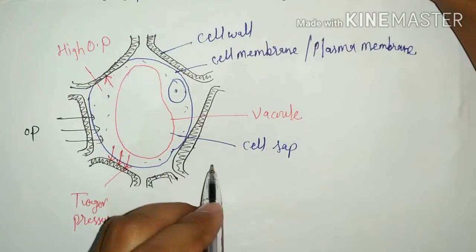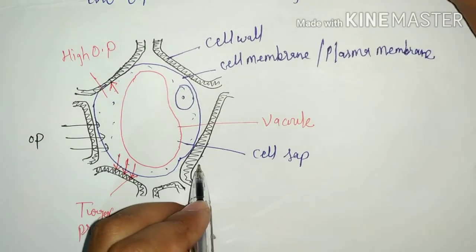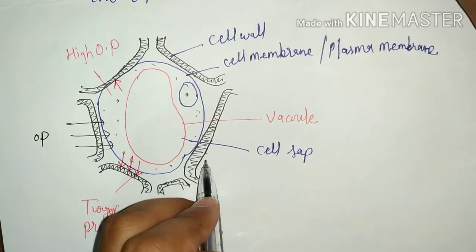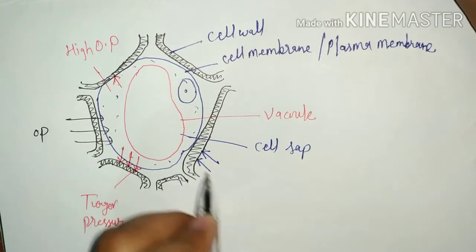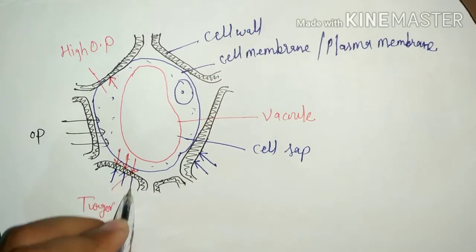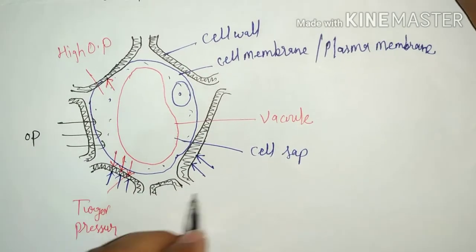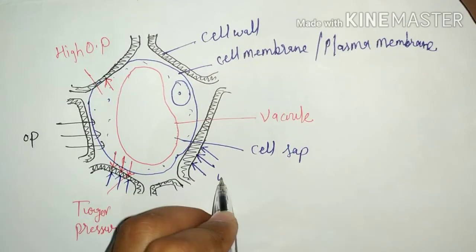Further, in a turgid cell, the cell wall develops a pressure against turgid pressure.